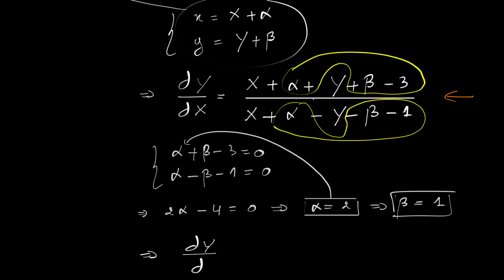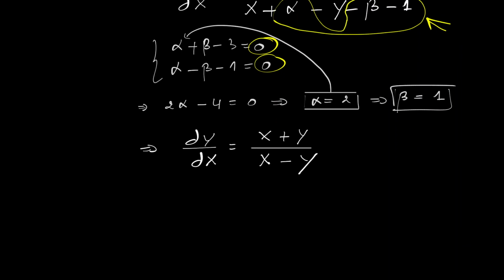Here dy over dx becomes (big X plus big Y) over (big X minus big Y). Don't forget that what is in the yellow color is equal to 0.